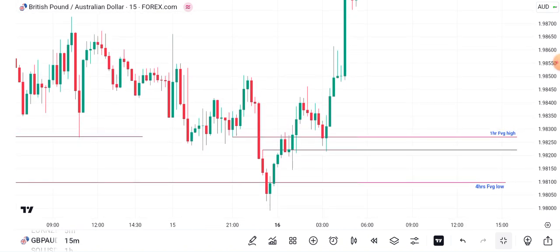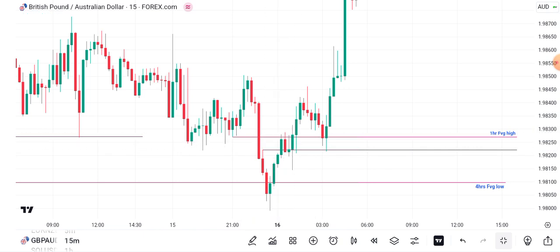Also, we would in fact say that this is the 1 hour inversion fair value gap already formed, and you will see that if price was supposed to continuously go down, it should have reacted from this fair value gap, this 15 minute fair value gap.